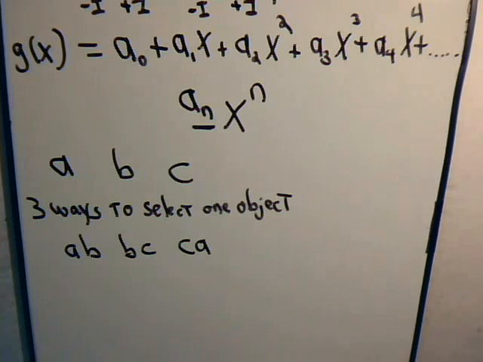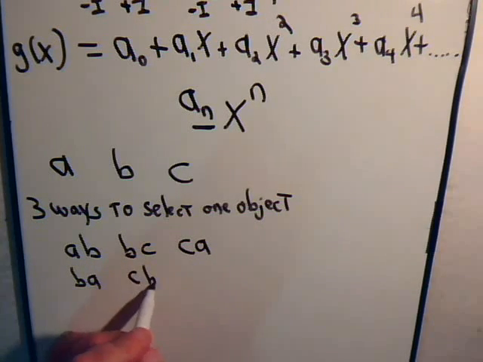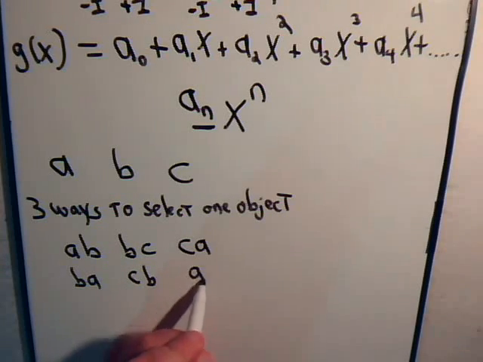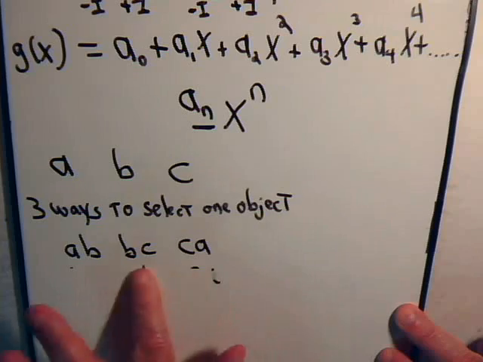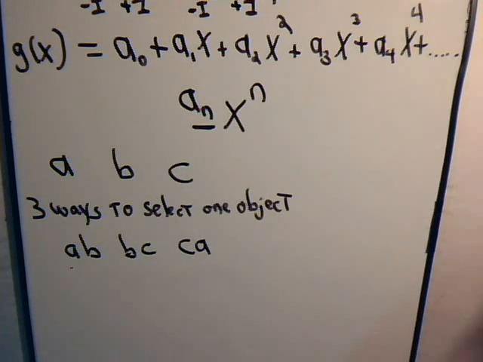Now the order doesn't matter, so if we decide to choose BA, these are the same, and of course CB, these are the same, AC, these are the same. So when the order doesn't matter, there are 3 ways to select 2 objects.